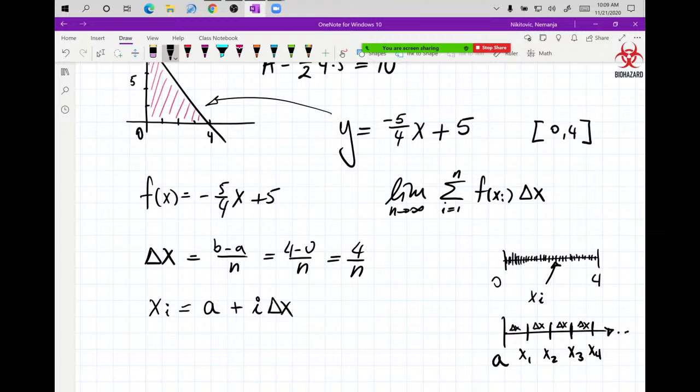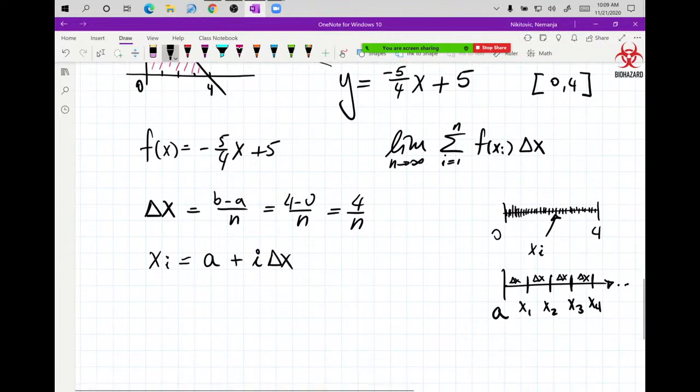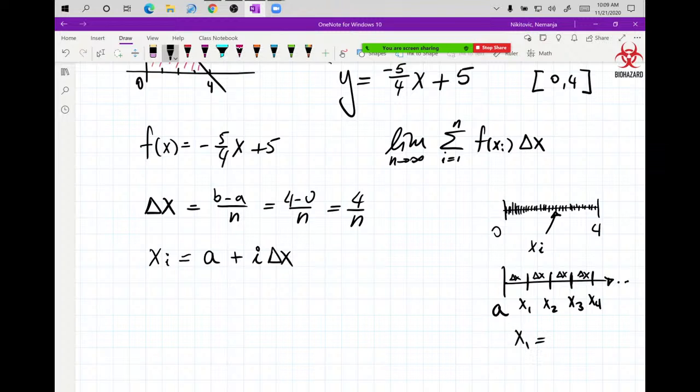We know that delta x is 4 over n for us, but so to get to x1, I need to start at a and add the delta x. To get to x2, I start at a and I add 2 delta x's, right? Because x2 is right here, and I need to add 2 delta x's to get to that one. x3 is a plus 3 delta x's.